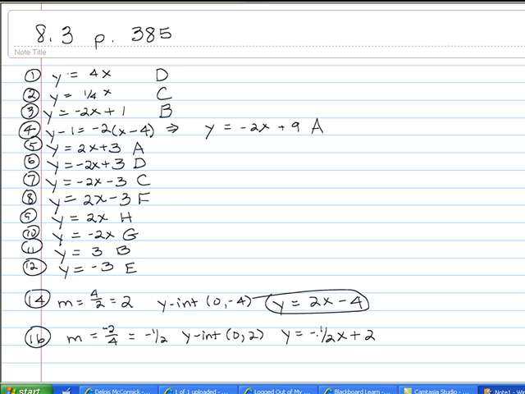All right, 18 says write the slope-intercept form of the equation of the line satisfying the given condition. So we have a point and the slope, so y minus y1 equals m times (x minus x1).